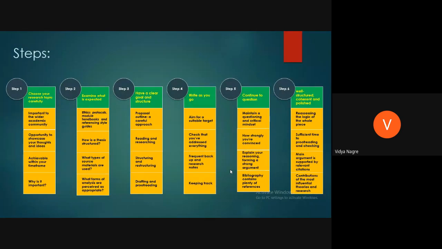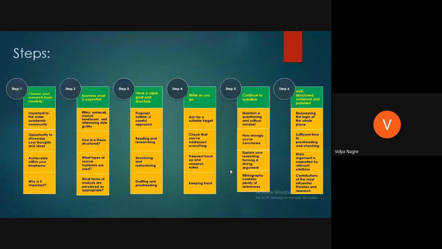So as I told you, that will be your first step: you always have to start writing, because your research begins from day one. Understand? The first thing you have to do is aim for a suitable, achievable target. Check that you have addressed everything. Once you finish writing, please cross-check from the beginning that you have addressed everything that you wanted.